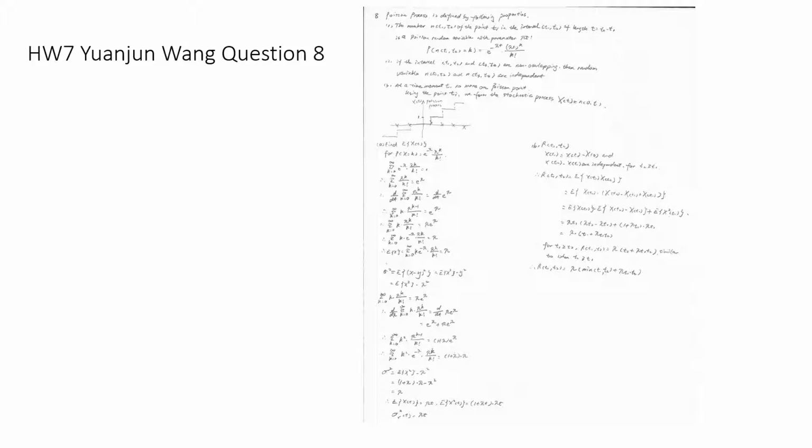The probability of X equal to k is e to the negative lambda times lambda to the k over k factorial. We know that the sum of e to the negative lambda times lambda to the k over k factorial is equal to 1. So we move e to the negative lambda to the right side of the equation, and then differentiate on both sides.